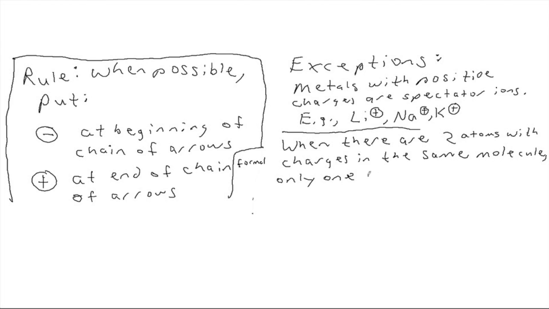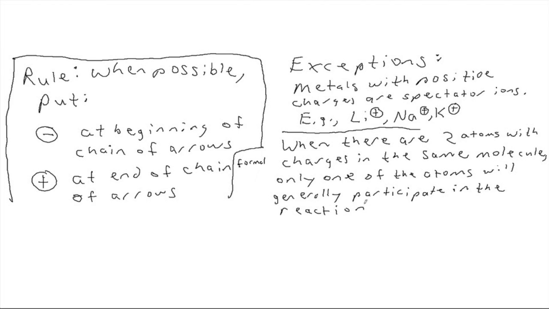Only one of the atoms will usually participate in the reaction. So one of the atoms with a formal charge will not go at the beginning or the end of the chain of arrows. That would be another exception. And then there's also some other exceptions that maybe we'll see later.